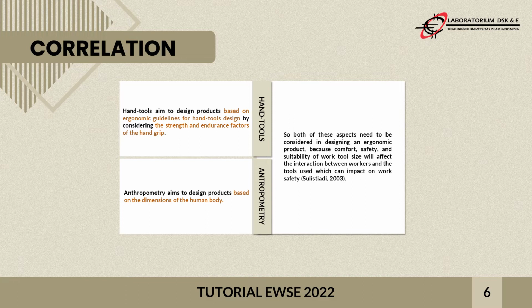Correlation. Once we know the definition of anthropometry and hand tools, what is the correlation of the two? Well, hand tools design aims to design products based on the principle of the ergonomic guideline for hand tools design by considering the strength and durability factors of the hand grip. And anthropometry aims to design products based on the dimensional size of the human body.